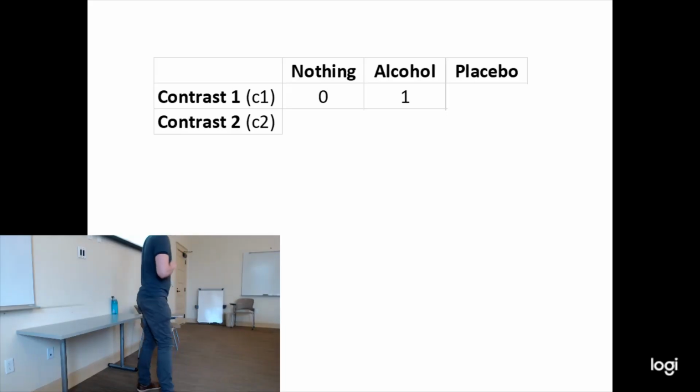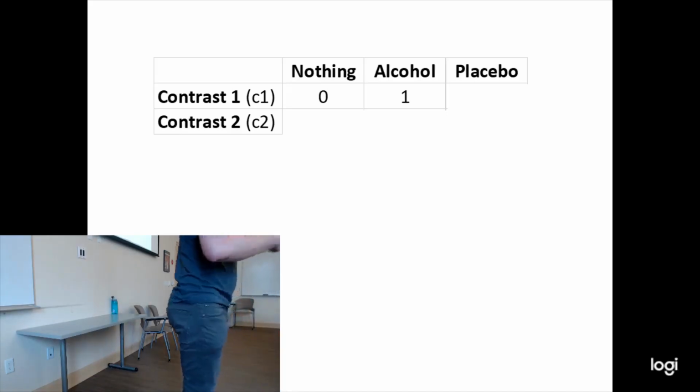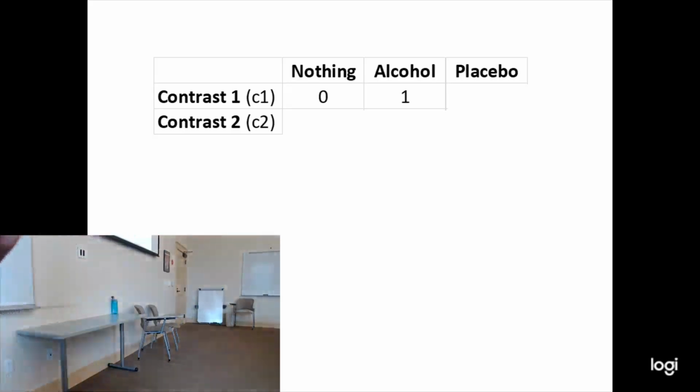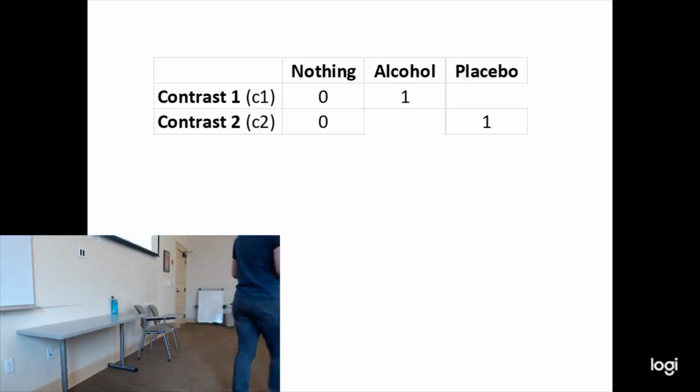So that's part of our predictions where we're trying to compare alcohol with nothing. With the other part, we still need to compare placebo with nothing. So maybe we can just replace placebo and nothing with those arbitrary numbers, just like we did with alcohol and nothing. So there are my two numbers. That ought to get me a comparison between placebo and nothing.